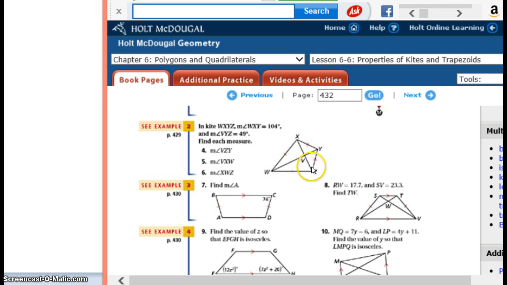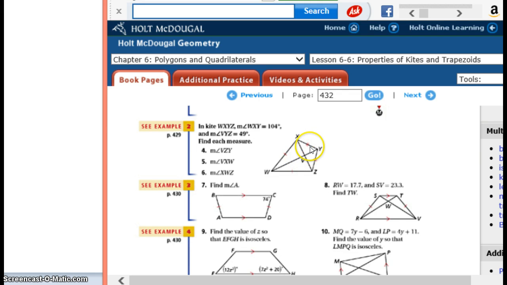Simple enough. So we know that VYZ, so we know that this angle right here is 49. And we also know that these angles are congruent, and by the reflexive property that VY and YV are congruent.